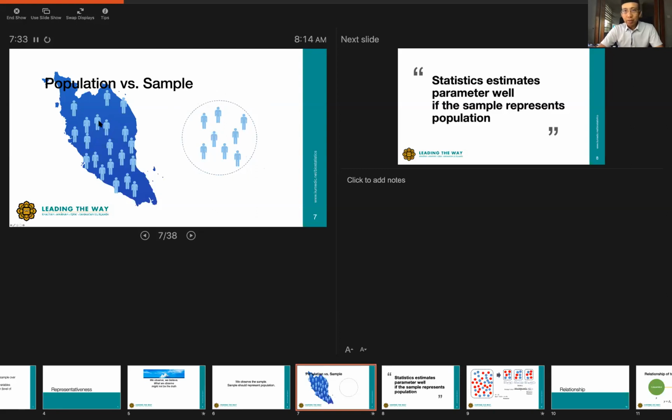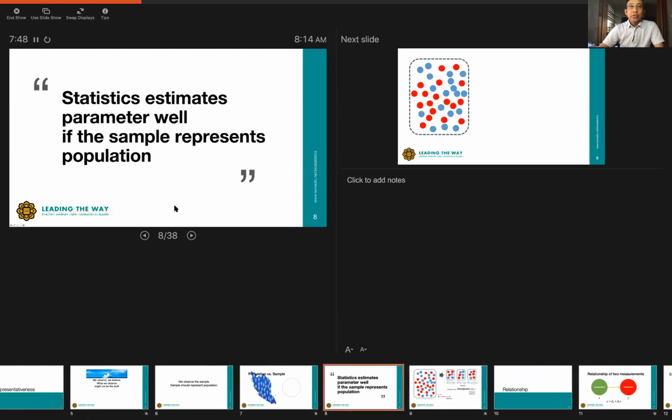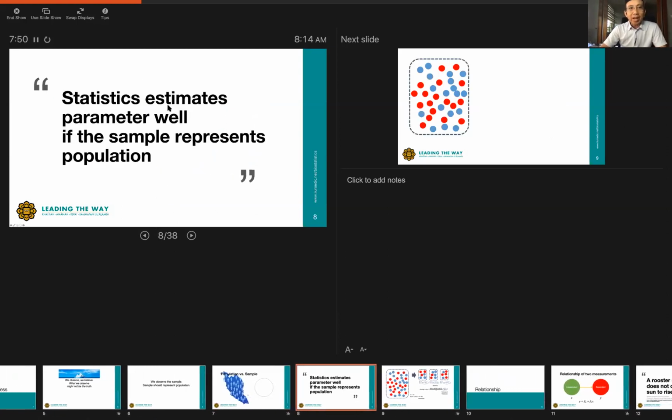No. Nobody knows, because we would only know if we were able to sample everybody in Malaysia, which is impossible. Nevertheless, just follow me through first. So statistics try to estimate the parameter well. The statistic is able to estimate the parameter very well if the sample that we selected represents the population.